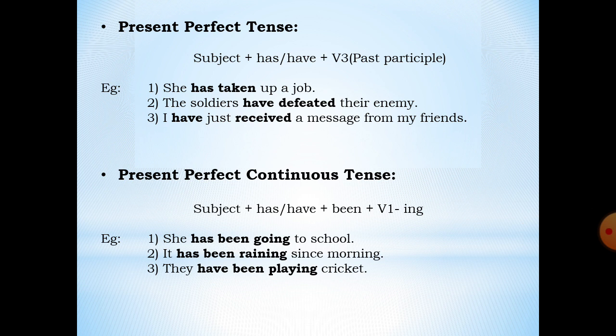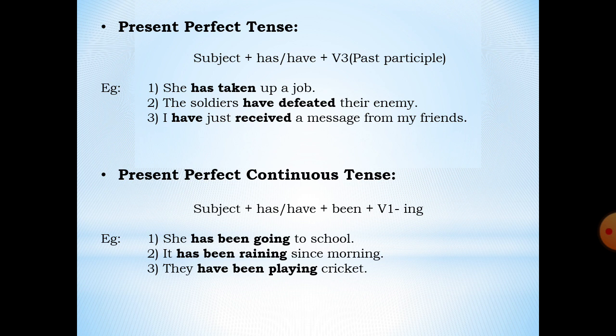Otherwise, grammatically it will be wrong. So I have just received a message. Received is the past participle of the verb receive. So these are the three sentences which show how to write a sentence in present perfect tense.